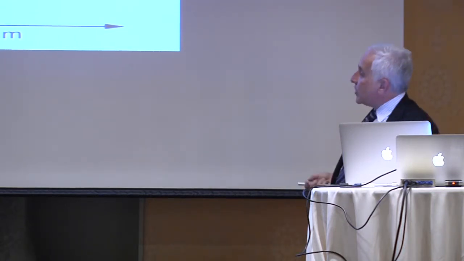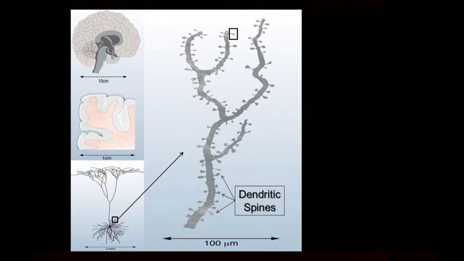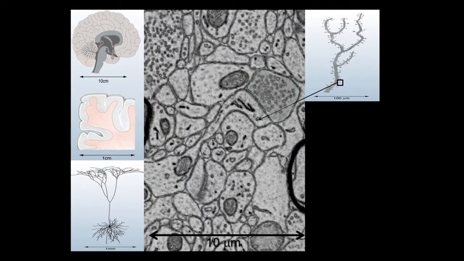We zoom up on one of these spines and go another order or two of magnitude. I now have to shift to electron microscopy, to very high resolution images, to give you a sense of what a dendritic spine looks like. So here's a dendrite, and coming off of it is this narrow piece that ends in a slight swelling, and that's a dendritic spine. And that spine is up against a cross-section here.